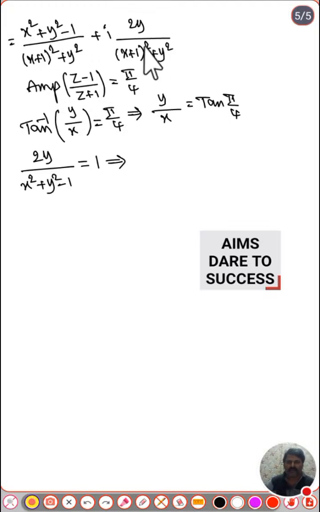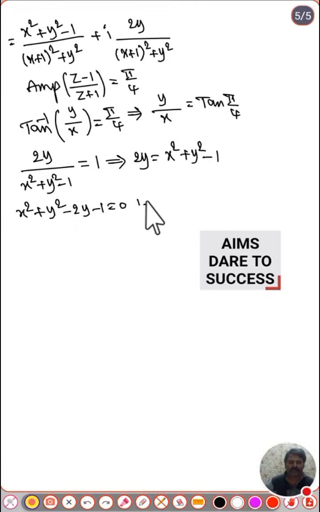Since the denominators cancel, we can directly write 2y by x square plus y square minus 1. Cross multiply, we get 2y is equal to x square plus y square minus 1. So 2y coming to this side, we get x square plus y square minus 2y minus 1 is equal to 0, which is the locus of z.